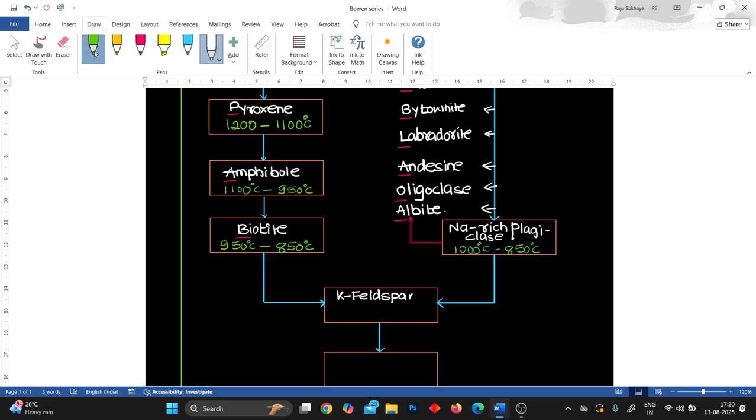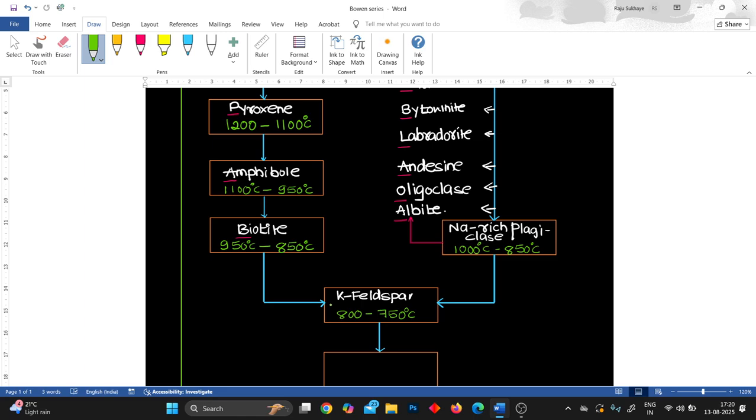At what temperature does it form? It forms at a temperature of about 800 degrees Celsius. These are approximate temperatures. At approximately 800 to 750 degrees Celsius, when the temperature of the magma drops to this level, the next mineral that is going to form is your potassium feldspar, also known as orthoclase.